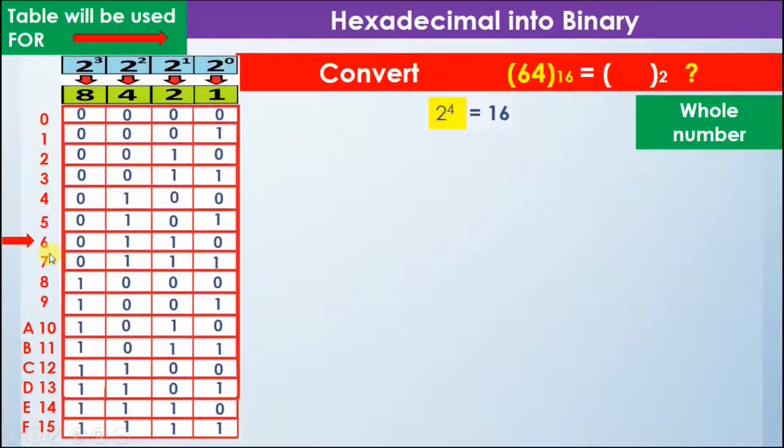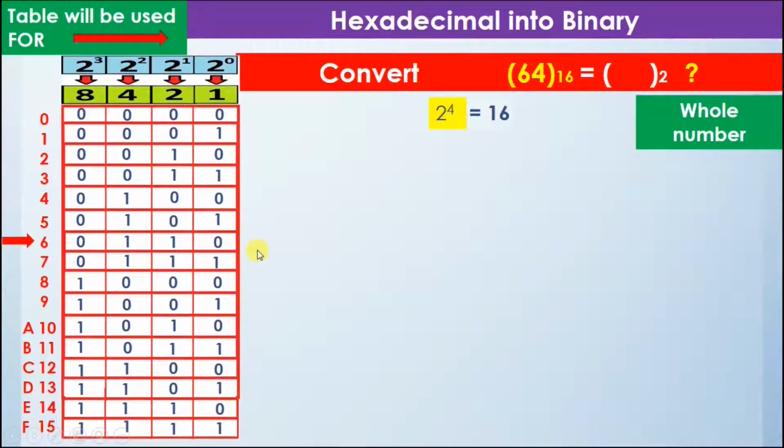Here is the value 6 in the table. So the binary value of 6 in the table is 0110. Remember, we calculated the binary value of these digits while we were dealing with octal and binary numbers. So we will calculate the values in the same way. So the binary value of 6 is 0110.